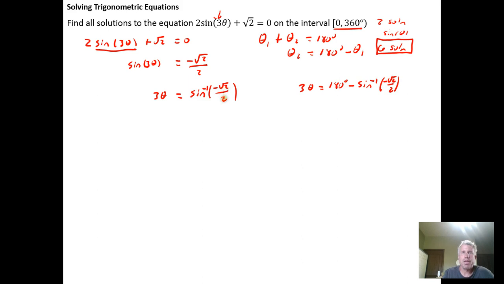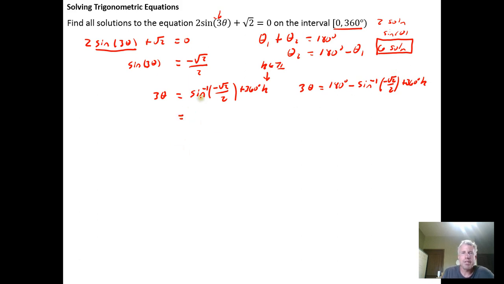Then we want to recognize that every angle coterminal with this angle generates this side ratio. Because we're working in degrees, we're going to go plus 360 degrees times k, where k has to be an integer. And over here it's going to be plus 360 degrees times any integer k.